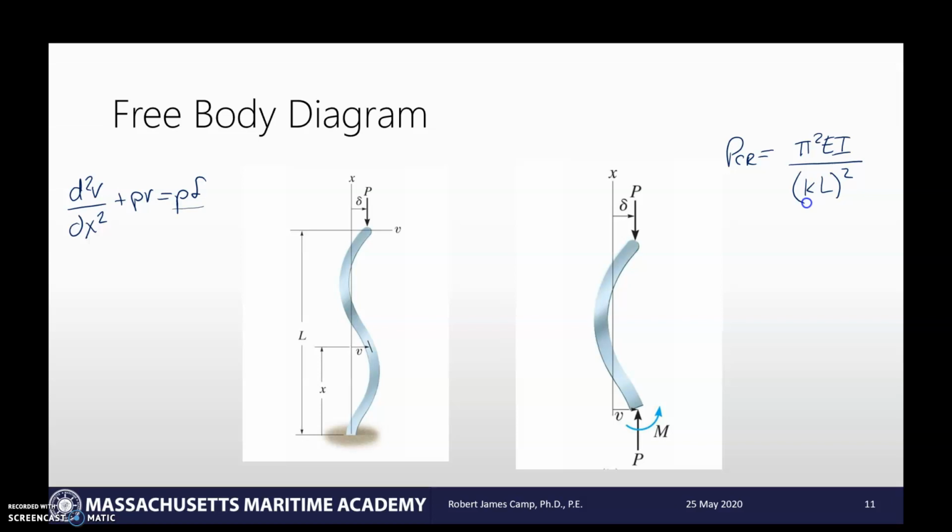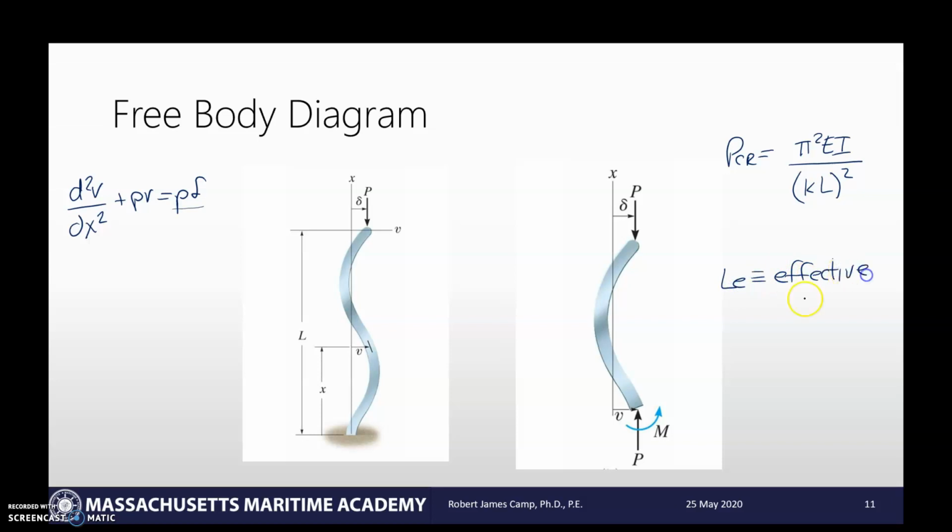Everything else will be the same. In this case, where I have it fixed at one end and free at the other, K ends up being 2. And so a column that's fixed and free is going to work just the same as a column that's pinned at both ends but twice as long. What we call this is the effective length. So LE is the effective length.